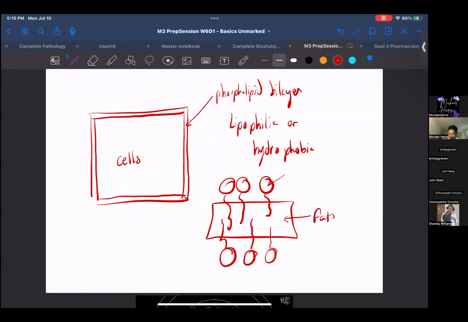This is what is known as amphipathic, meaning it's both hydrophobic and hydrophilic. Okay? Now, with that being said, let's say you have a drug here, and this drug is hydrophilic.